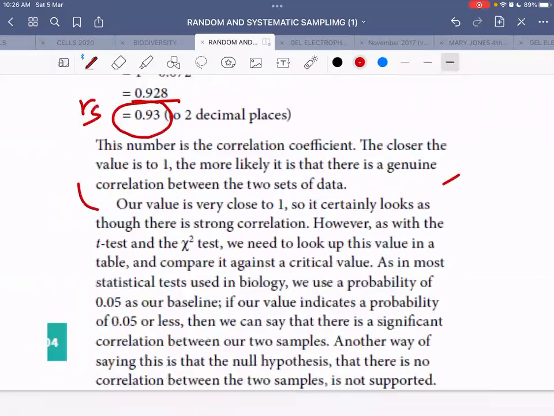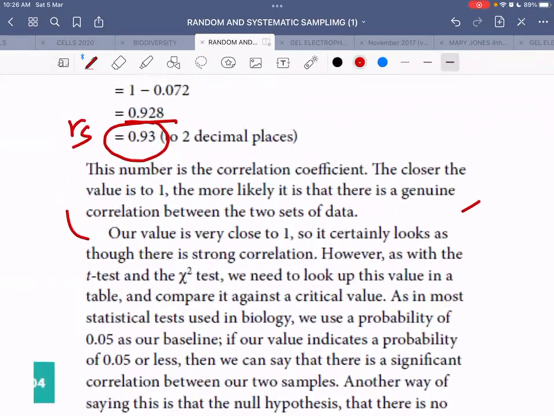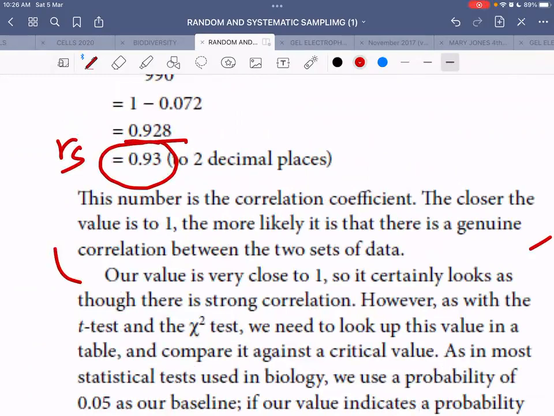We say that this is our answer. Let's figure out हम इस आंसर को justify कैसे करेंगे. The closer the value is to 1, the more likely it is that there is a genuine correlation between two sets of data. So Mariam, do you think that this number is very close to 1? Yes. It is close to 1.